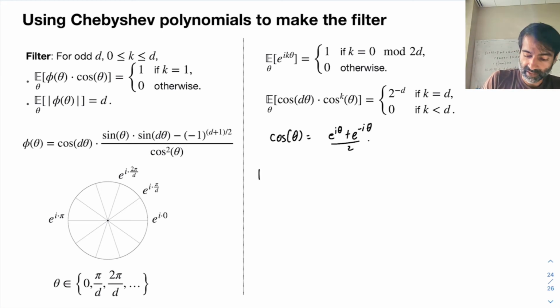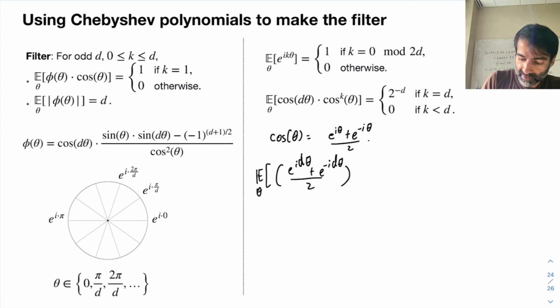So this expectation that we're trying to compute can be expressed as e to the i d theta plus e to the minus i d theta divided by 2, times e to the i theta plus e to the minus i theta divided by 2, to the power k.